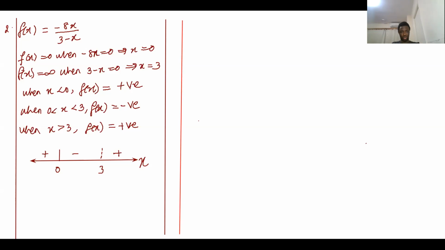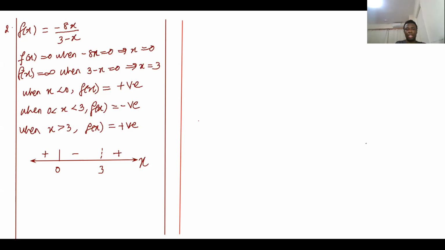The first one, find the equation of the vertical asymptote. We find the axis intercepts. We rearrange the function to be able to find the horizontal asymptote. Then we draw the sign diagram. Then we discuss the behavior. Then we sketch. We're going to follow through in the same manner.